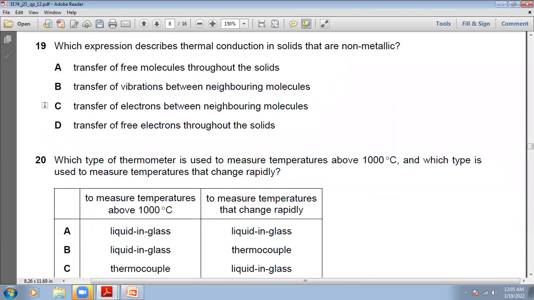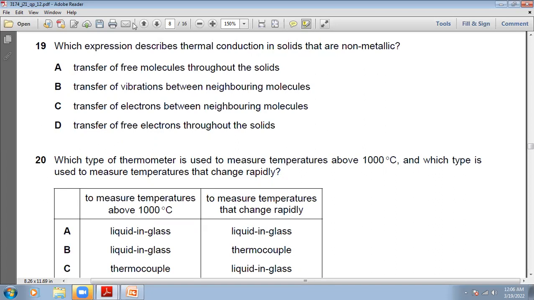Which expression describes thermal conduction in solids that are non-metallic? In conduction in non-metallic solids, we do not have free electrons. So the energy is transferred by the vibration of the molecules.